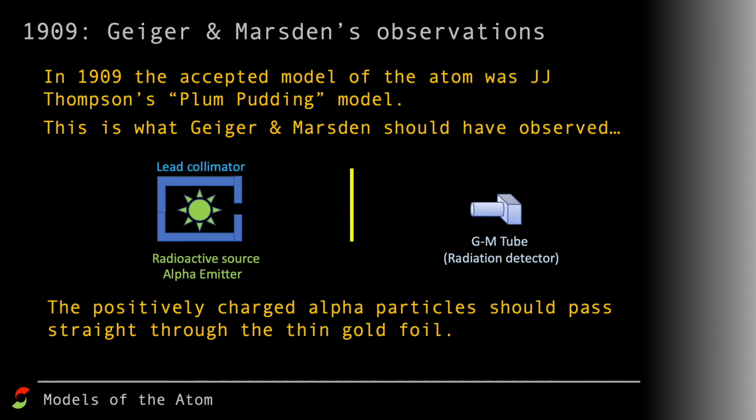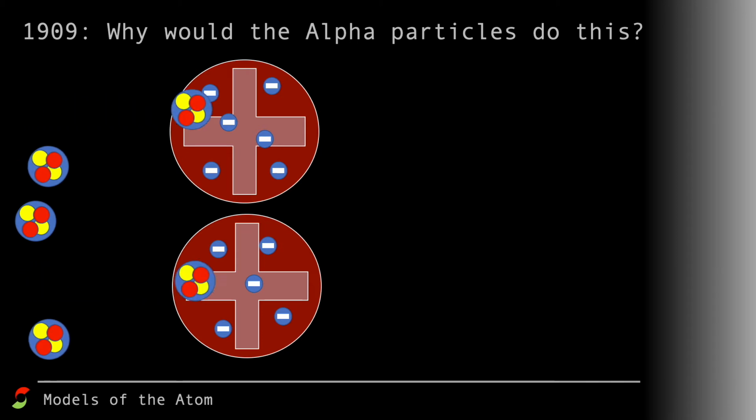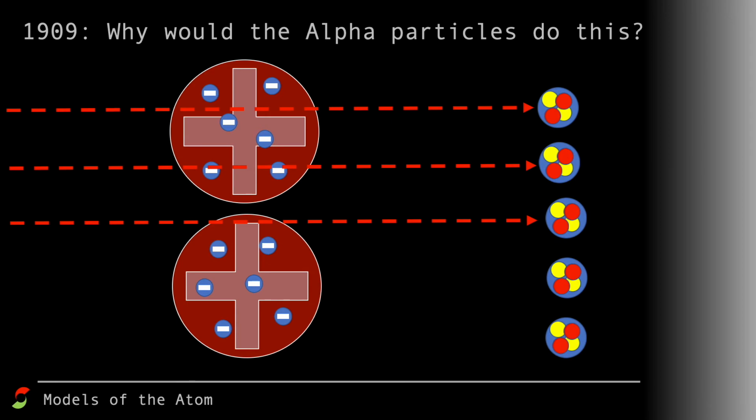So why would they have done that? Well, it's thought that they would have done that because of the following reason. Here on the left-hand side, we've got the alpha particles, and we've got two gold atoms. If we look at what should have happened, they should have passed straight through like that.